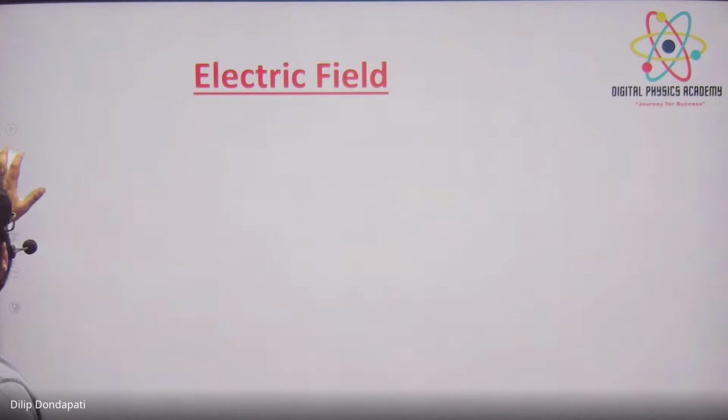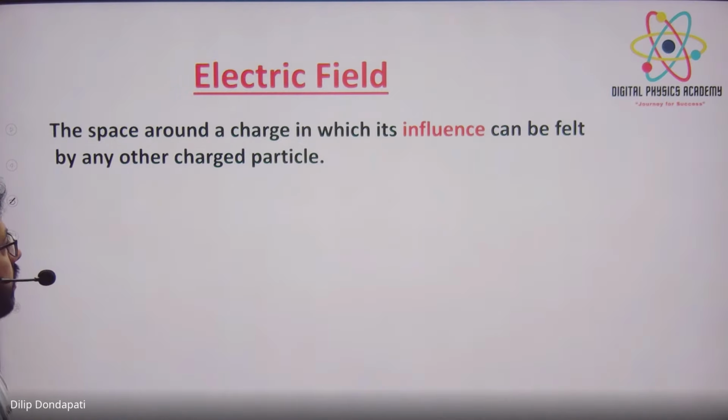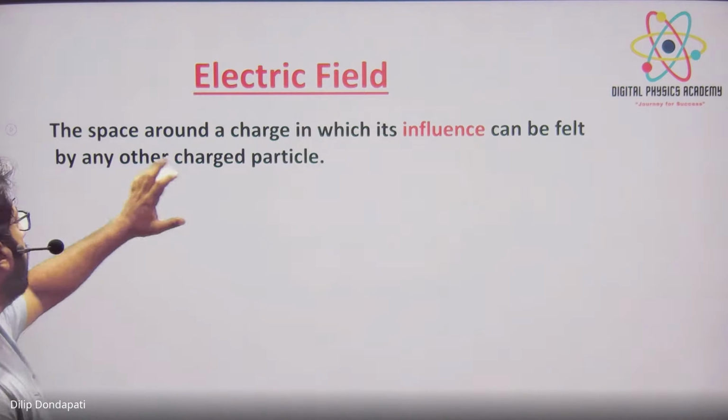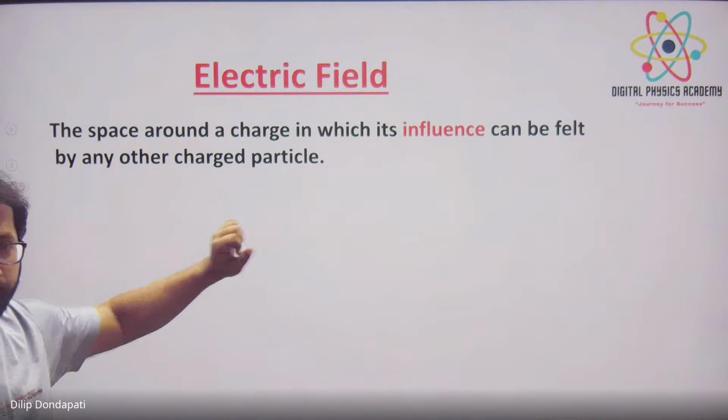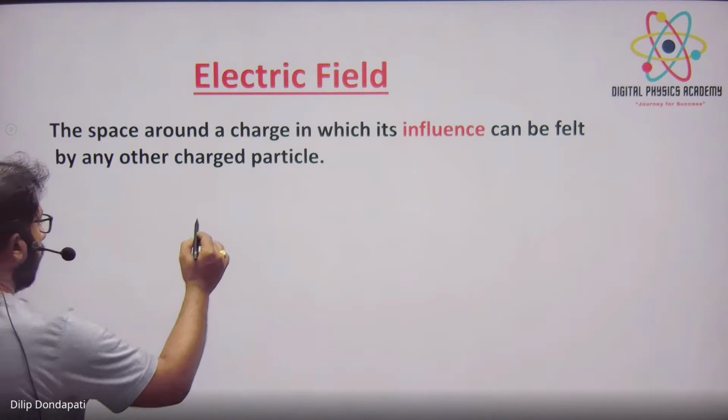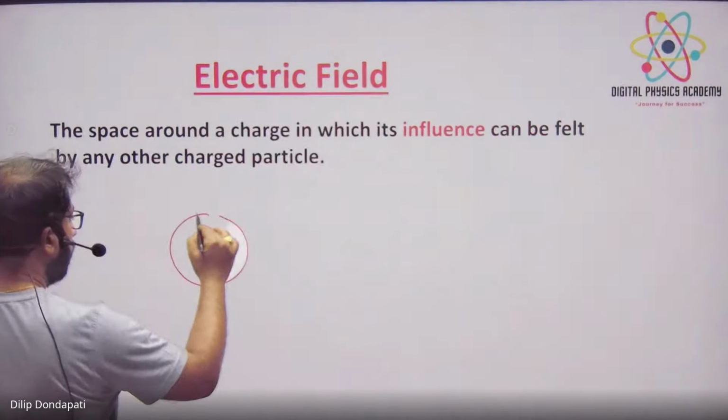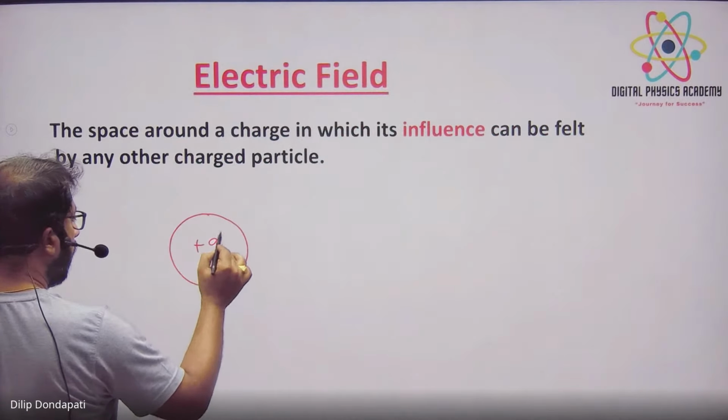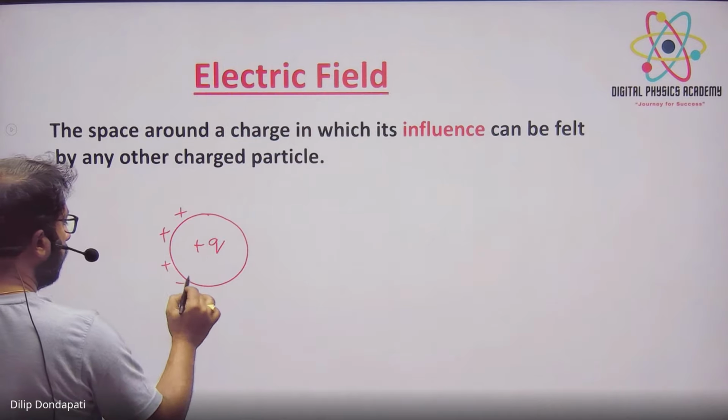So what is the definition of electric field? The space around a charge in which its influence can be felt by any other charge particle. Suppose मान लो there is a bigger positive charge, ये पूरा charge है, इसको क्या बोलते हैं?